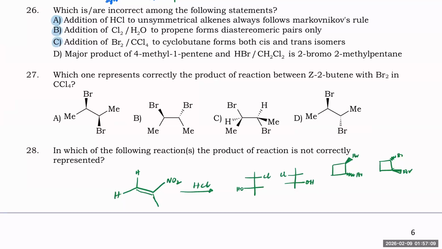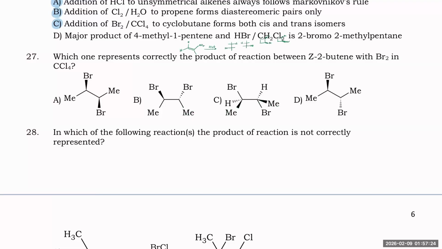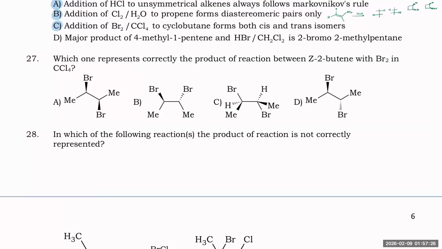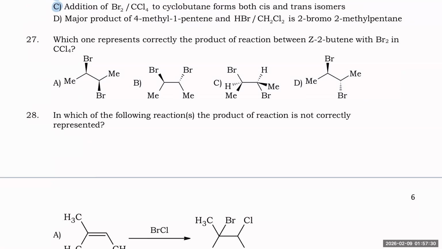D. Major product of 4-methyl-1-pentene and HBr is 2-bromo-2-methyl pentane. Let me put that here. What is that question trying to say? 4-methyl-1-pentene.